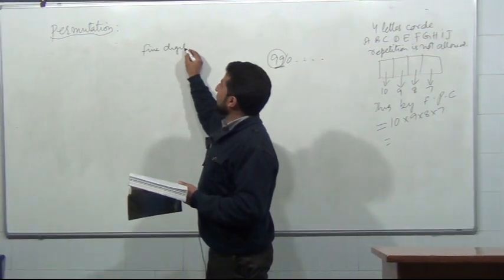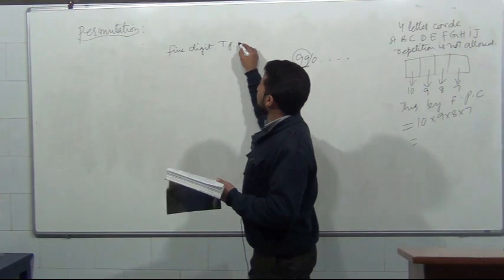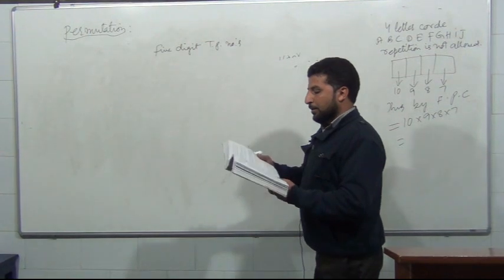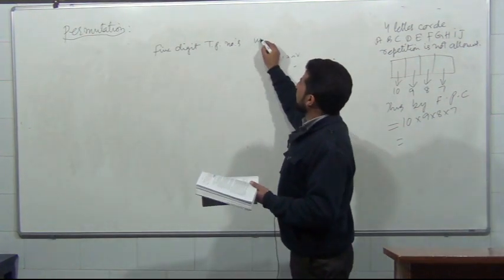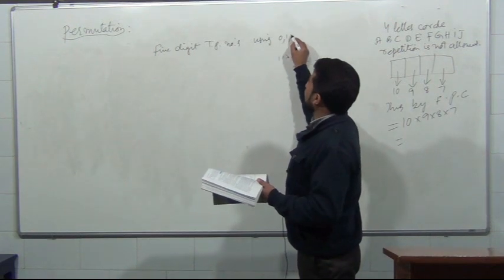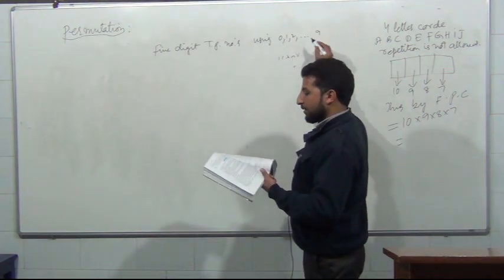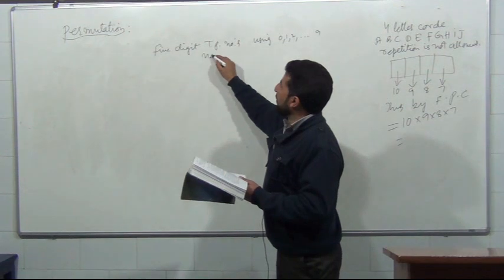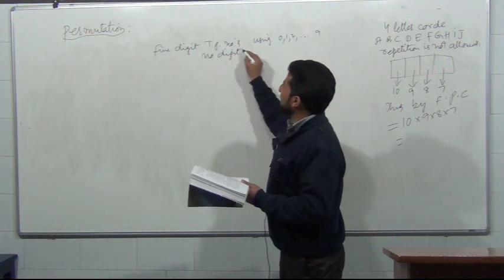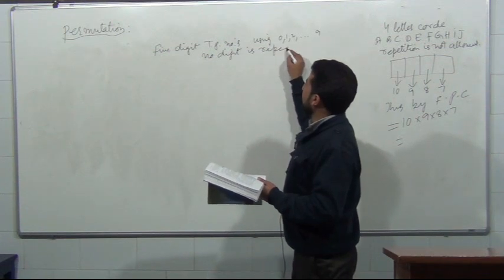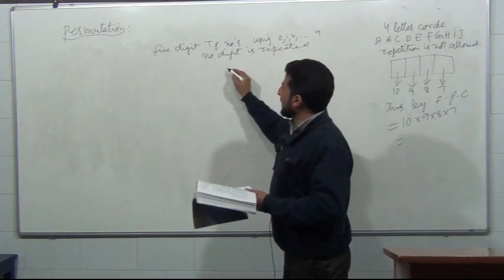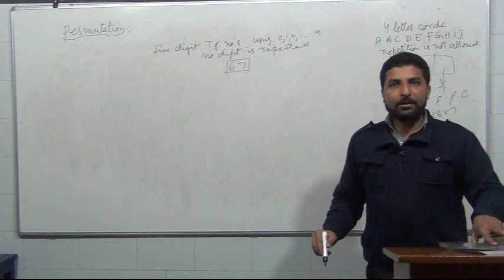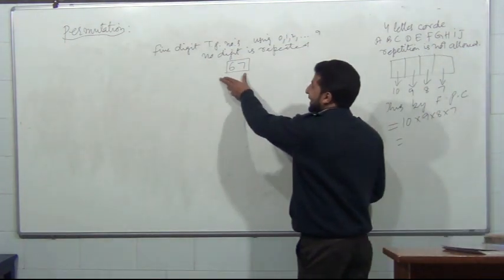The question is 5-digit telephone numbers using digits 0, 1, 2 up to 9. But the condition is there: no digit is repeated, and every number should start with 67.